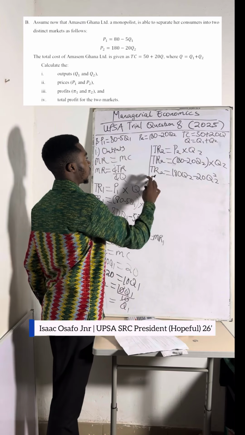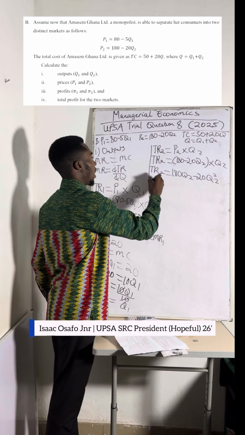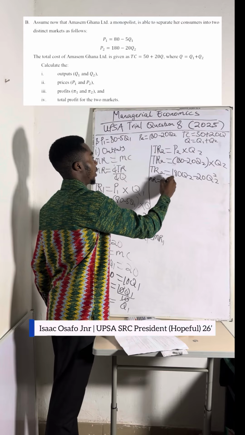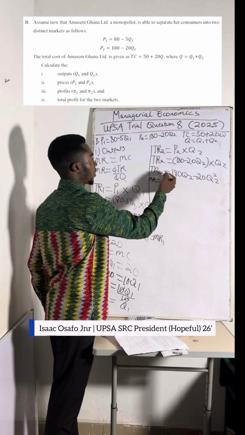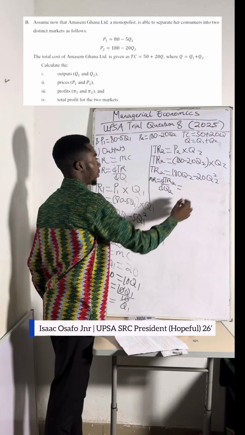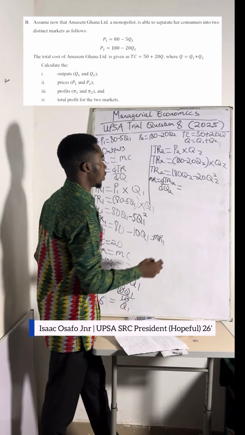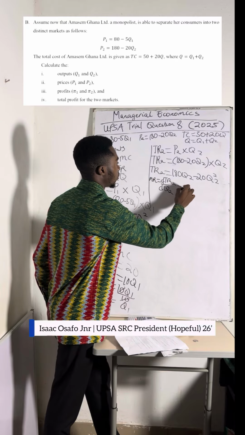So now that we found our total revenue for the second one, we can find our marginal revenue. We know that our marginal revenue is dTR over dQ. Since this is TR2, you make it dTR2 over dQ2. When you differentiate this, you are going to get our marginal revenue function. Differentiating 180Q2 with respect to Q2, you get 180.